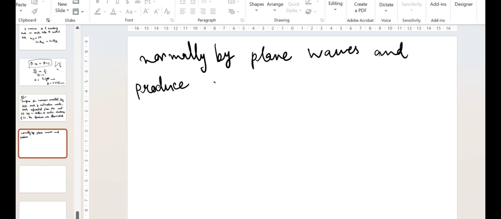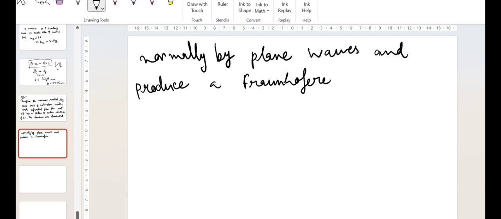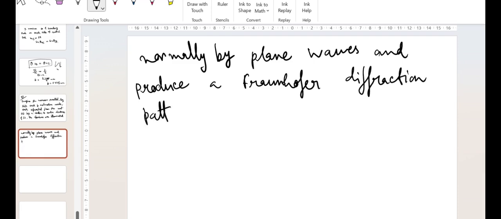Use a form of the diffraction pattern on a distant screen.